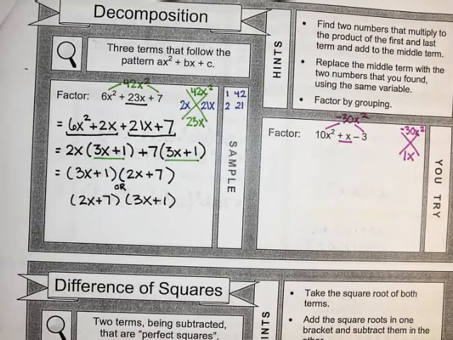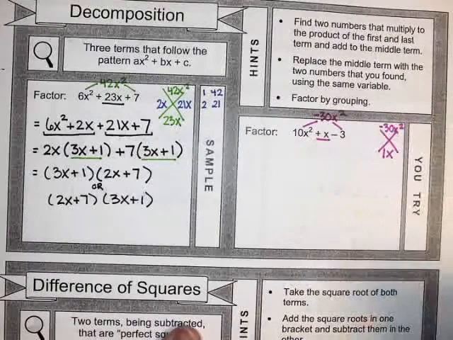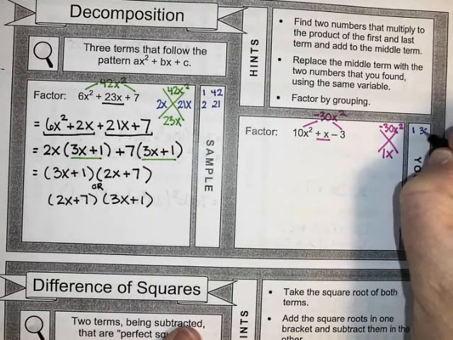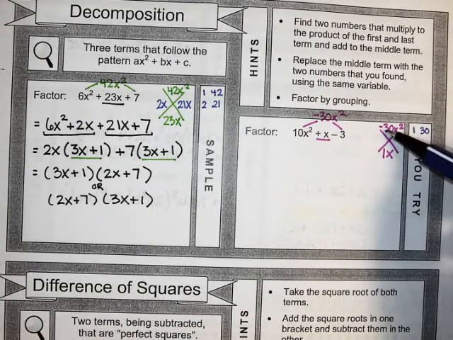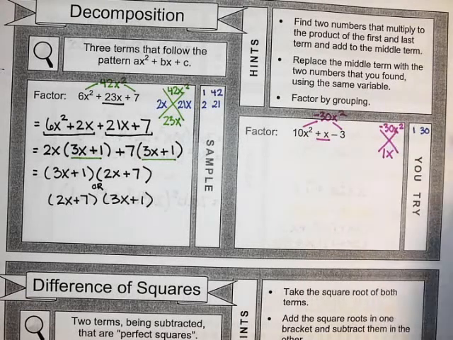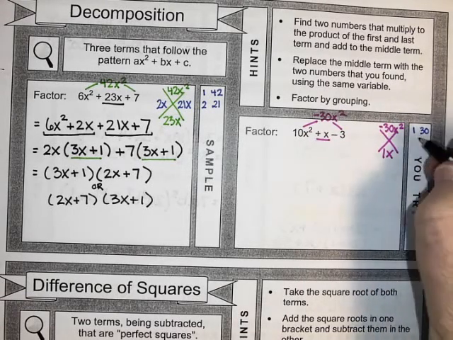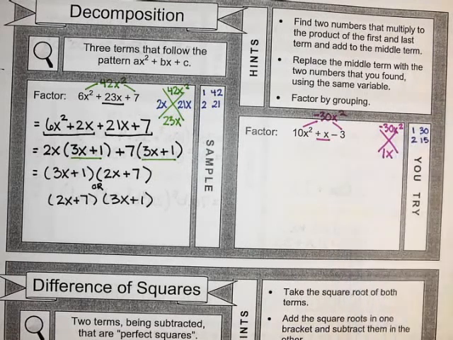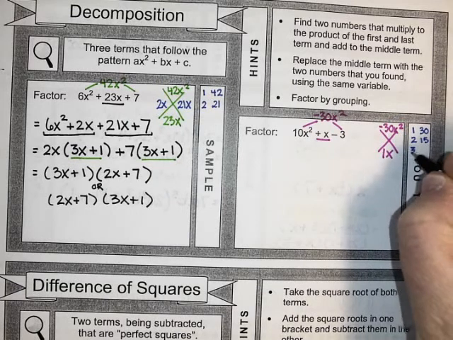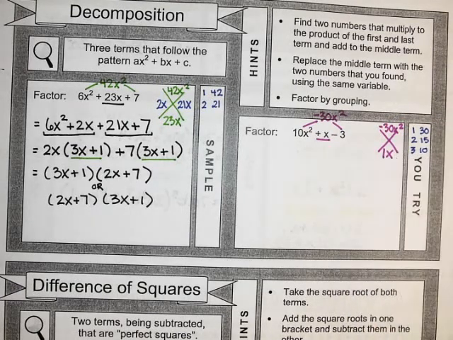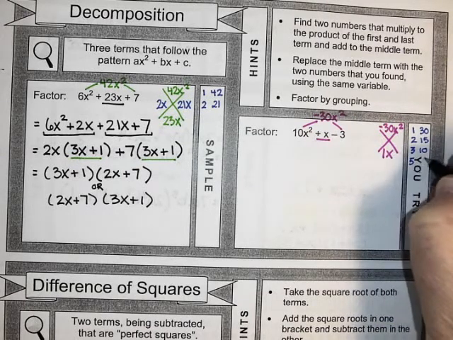Okay, so I'm going to think about the multiplication number, so that would be the 30. I'm going to try to think of things that multiply to 30. So things that multiply to 30 would be 1 and 30. Now, one of them would have to be positive and one of them would have to be negative in order to get negative 30, but I cannot make a 1 out of a 1 and a 30. 2 and 15, if I subtract, I will either get positive 13 or negative 13, so that's not a 1. 3 and 10, I can't make a 1 out of a 3 and a 10. 4 does not divide evenly into 30, but 5 does, 5 and 6.